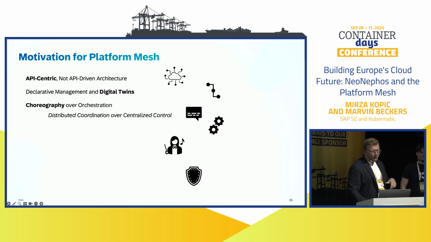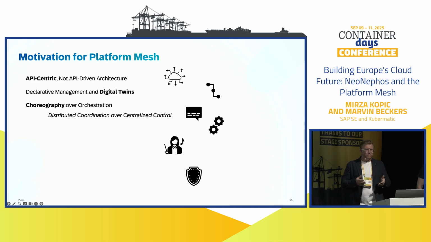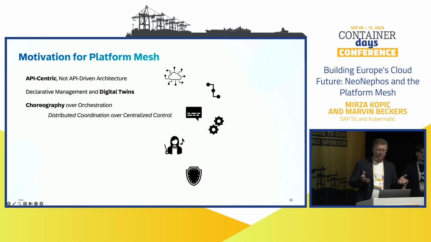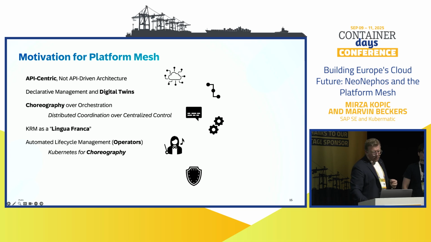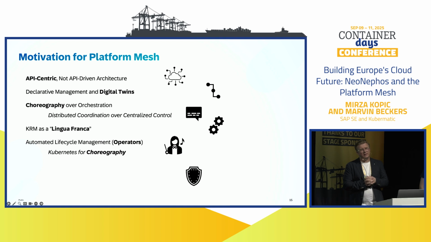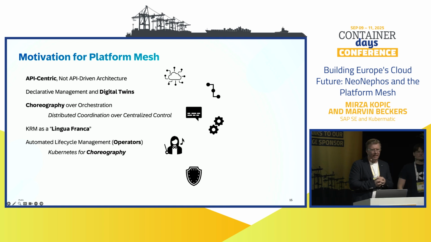And then we also want some sort of choreography over it. So you want multiple separate resources, abstractions and controllers that collaborate together to achieve a desired behavior without necessarily a central orchestrator in place. And of course, we want the Kubernetes resource model as our unified language, our lingua franca.